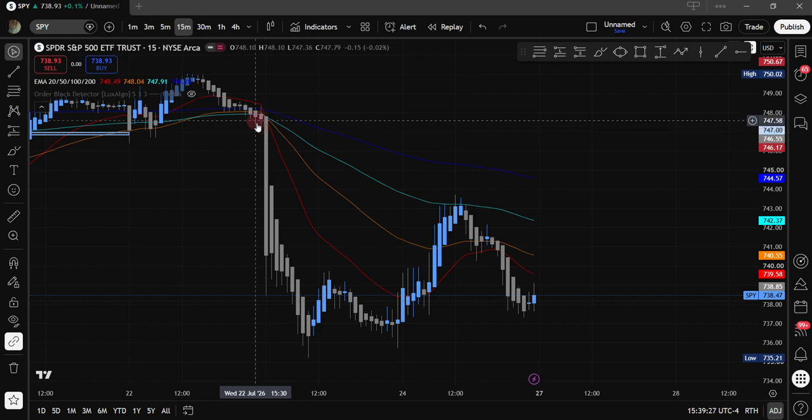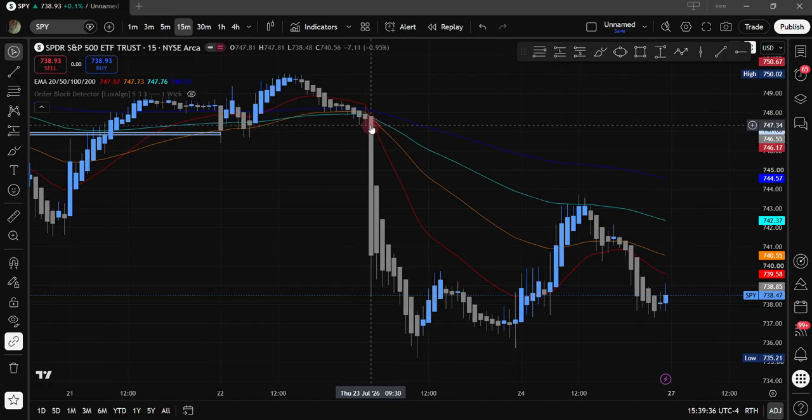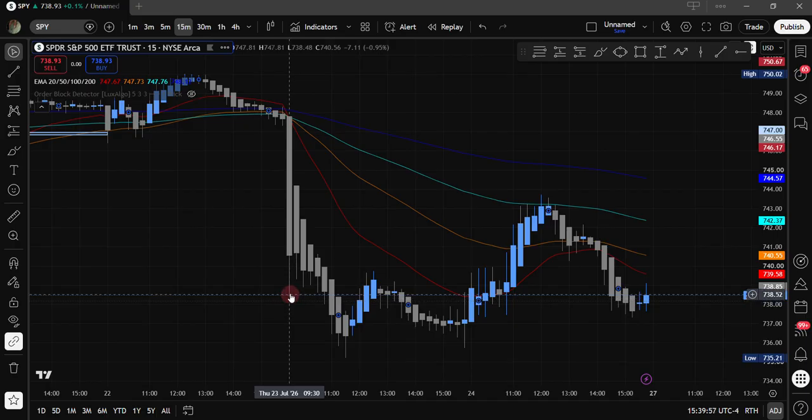You can see price had dropped significantly. It had a major push down as soon as the market opened, but usually that's because of volatility. So, as we were talking about, this is a bearish candle, the red candle. I just have a different color scheme. Price opened here and sellers pushed price all the way down to this wick at 738.66.